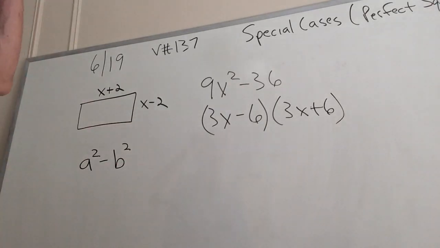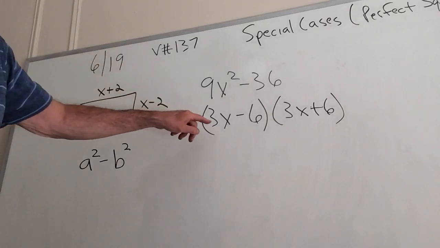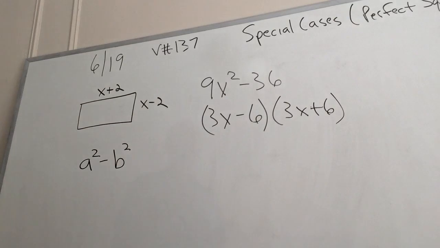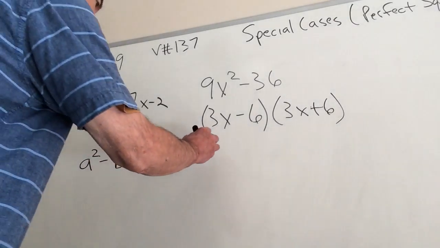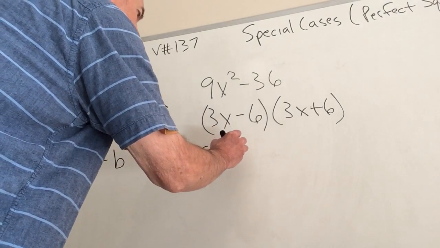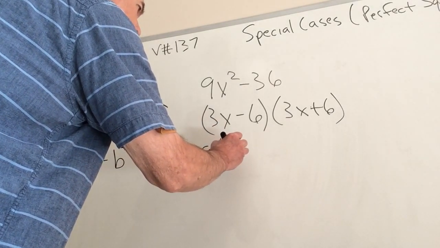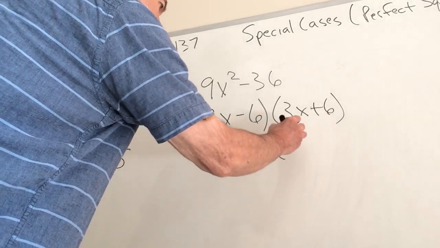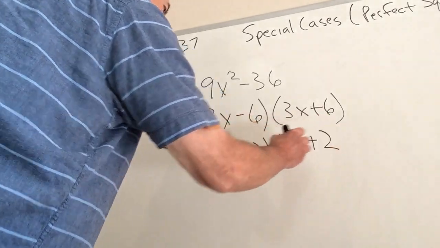So to make this work, I have to factor out the 3 here and the 3 here, okay? And I get 9 times, let's see, that would be 3 times 3, x minus 2, x plus 2. Let's make sure we got that back.